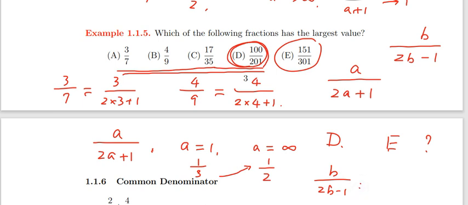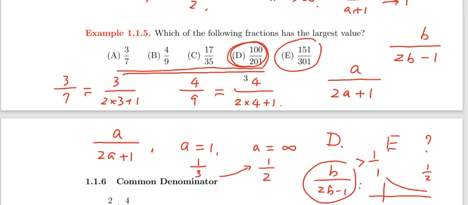So let's say if b equals 1, this equals 1, right? If b equals infinity, this equals half. So those numbers go down from 1 to half. But anyway, those numbers are always larger than half.